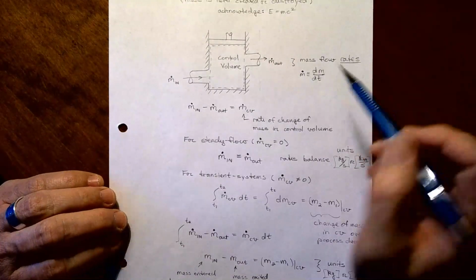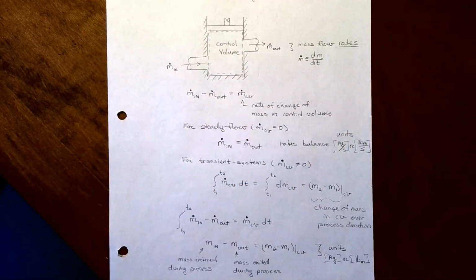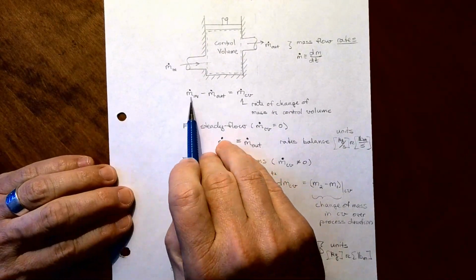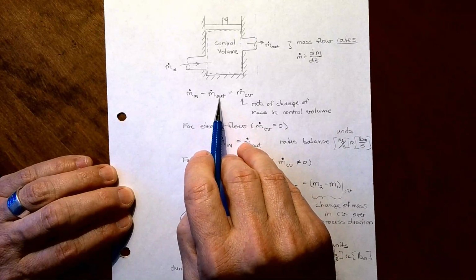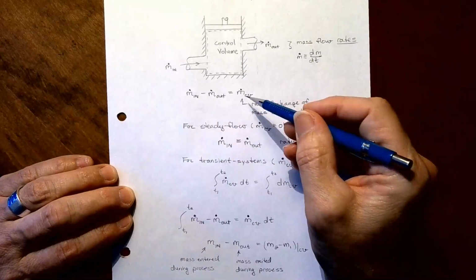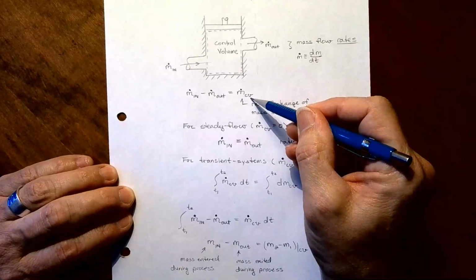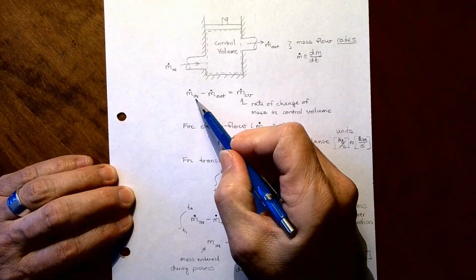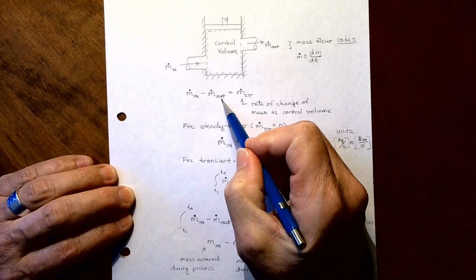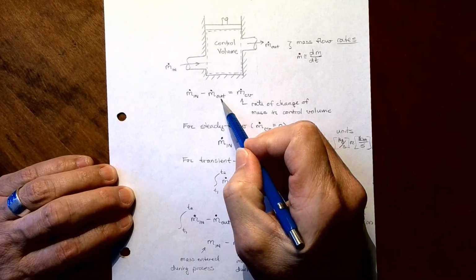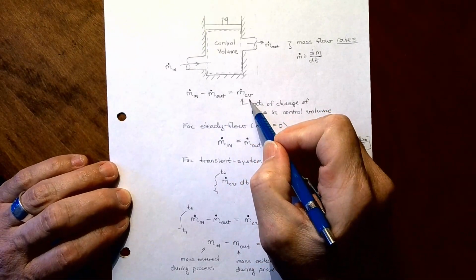And so a conservation of mass principle would be to say that the rate at which mass enters minus the rate at which mass leaves, that difference is contributing to increase the amount of mass in the control volume. So that's what's crossing a boundary to come in, minus the rate at which it leaves, what's crossing a boundary to go out, contributes to increasing the mass in the control volume.